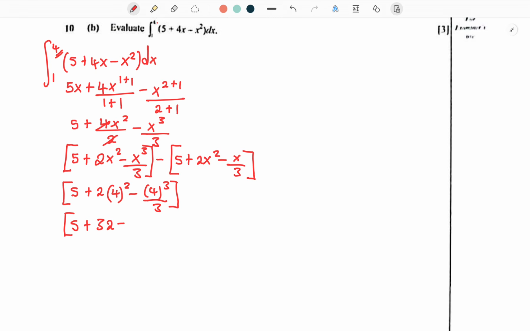Okay, so this is like 21.3. Then we can do our thing. So it's going to be 5 plus 32 minus 21.3. So we're going to get something like 15.7 minus. Let's do the same thing this side.